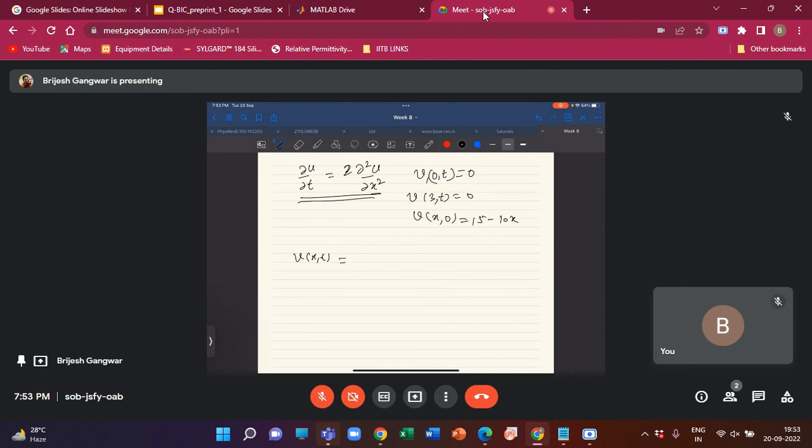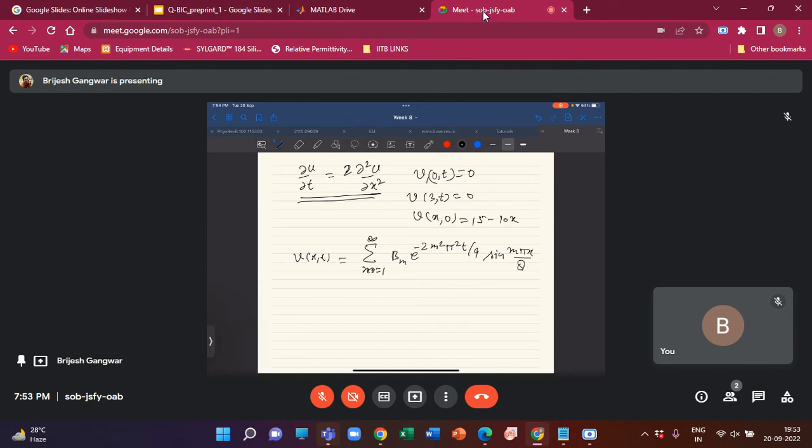So b(x,t) will come out as psi equal to sum m equal to 1 to infinity, Vm e to the power minus 2 m square pi square t by 9 sine m pi x by 3.